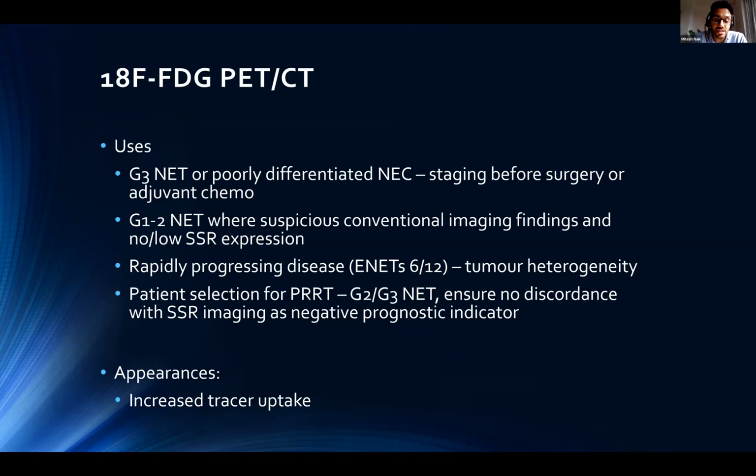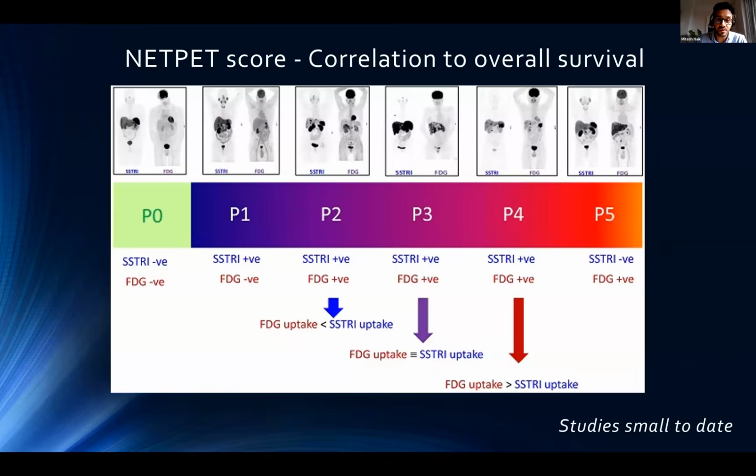In addition, when selecting patients for PRRT, especially when they're at the higher end of the grading spectrum, it's important to make sure there's no significant discordance, because we should not be treating patients with PRRT where there is a high burden of somatostatin receptor negative disease. The NET-PET score has been devised and described in literature, where a combination of somatostatin receptor imaging and FDG PET can deliver a 5-point scoring system, and this correlates to overall survival.